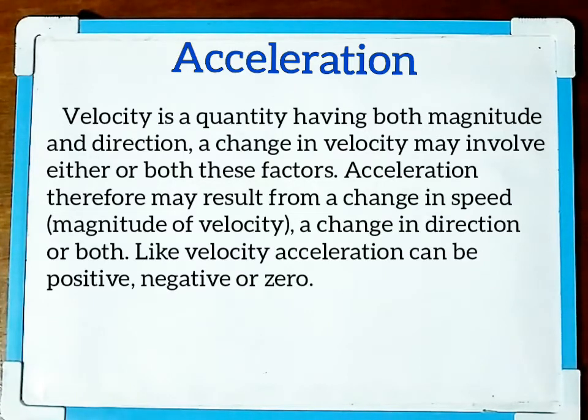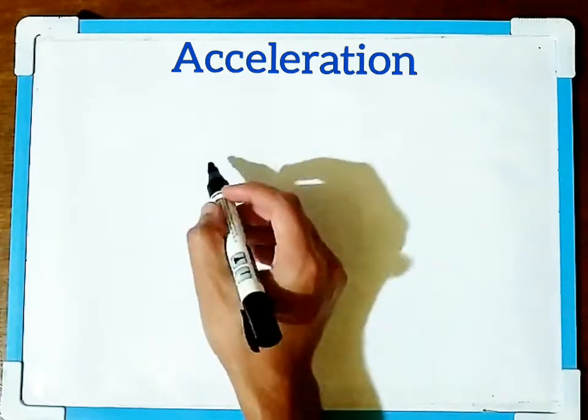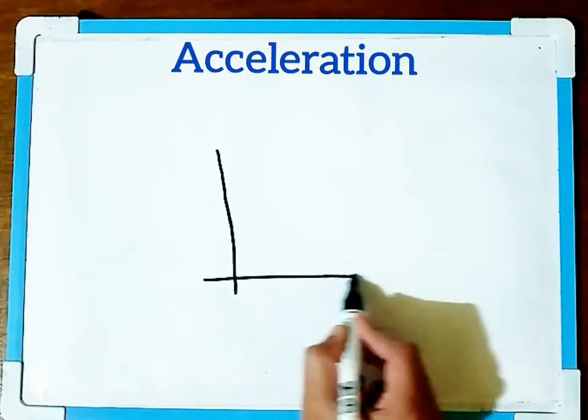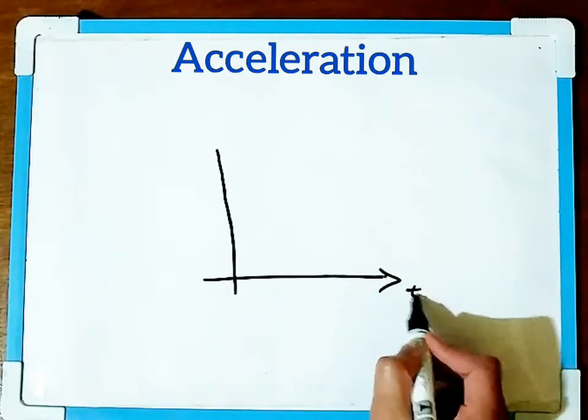Now to explain that, we shall consider three position-time graphs of motion, with positive acceleration, negative acceleration, and zero acceleration. So here is the first position-time graph, with a positive acceleration.